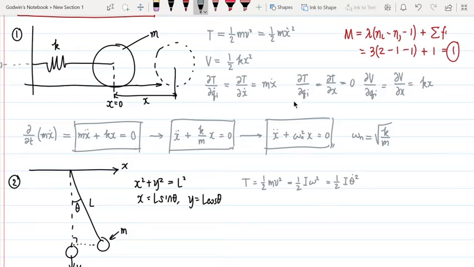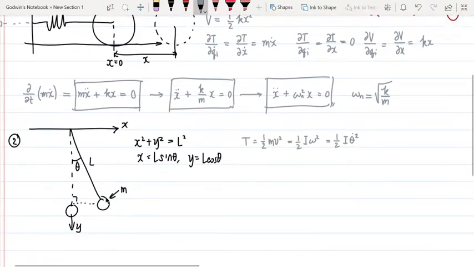So it's much like the 1/2 m x dot squared, right? The only thing is this I now requires for us to compute the moment of inertia of the pendulum bob. But it's pretty easy because we're treating it as a point mass, right? It's a particle, just one particle, 1 point in space with all the mass.